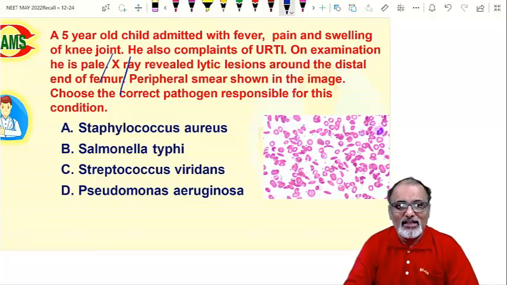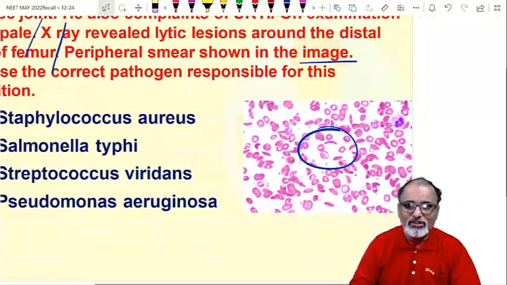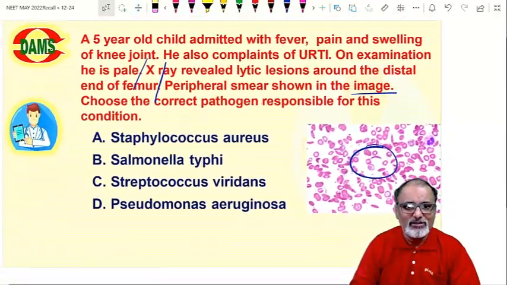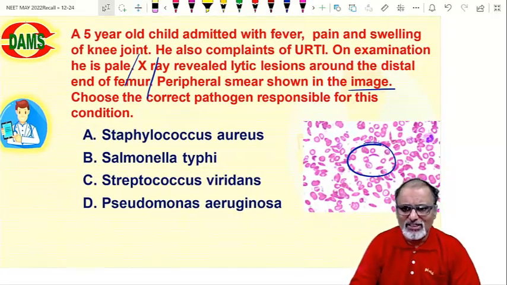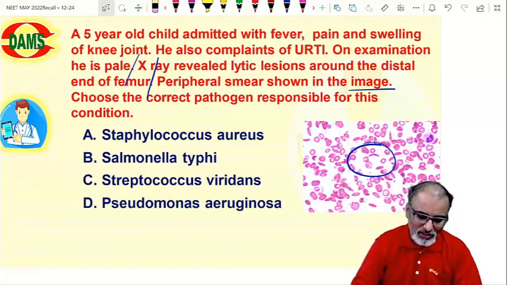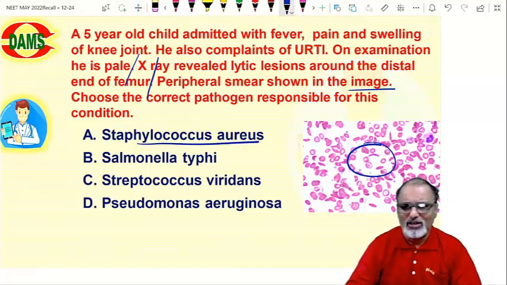Okay, and a peripheral smear is shown in the image. Because he is anemic, they did the peripheral smear. X-ray suggestive of osteomyelitis. Sickle cell. So the question is, a sickle cell patient is more prone to get which type of osteomyelitis, or what is the etiology of osteomyelitis in sickle cell. Overall, for osteomyelitis people always say Staphylococcus aureus. That is overall.